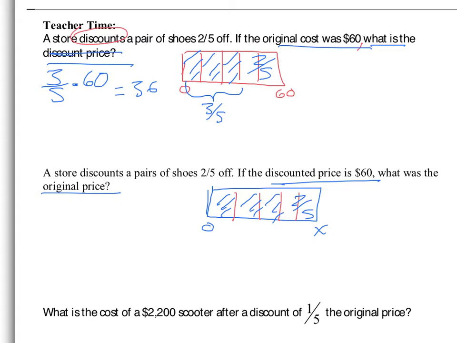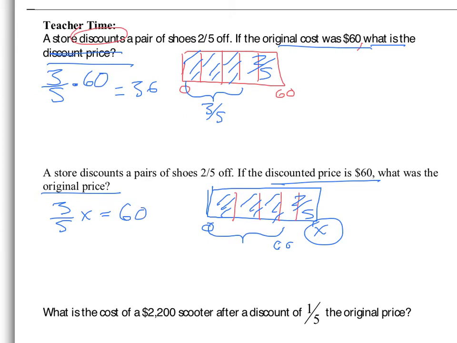The difference is I don't know what this original price was, what that whole thing was. So I took 3/5 of something that I did not know, and what I got was the price of $60.